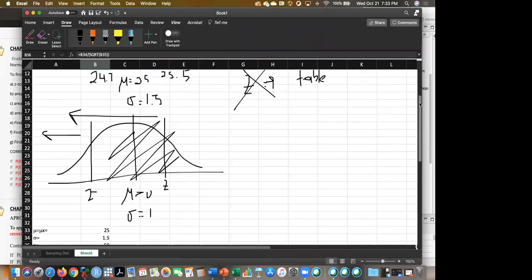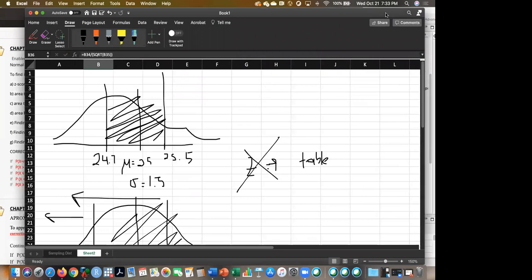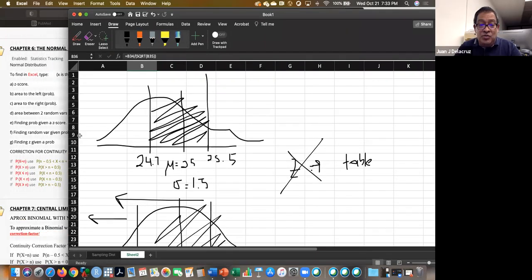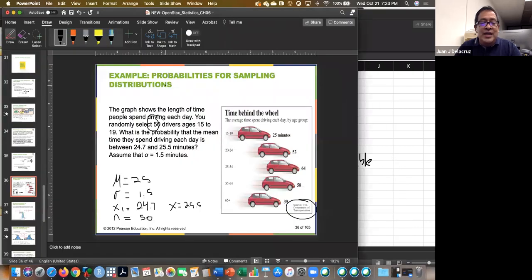Can you explain why you use the standard error instead of the standard deviation again? Well, that's a very good question. Thank you very much. When we are looking at a population, you understand the Z-score, right?